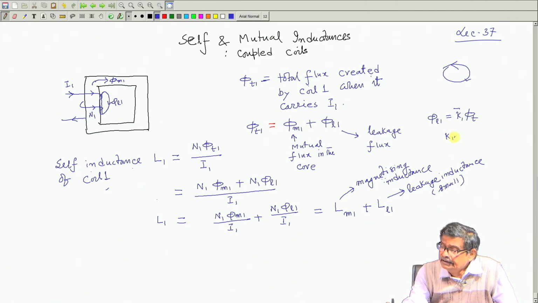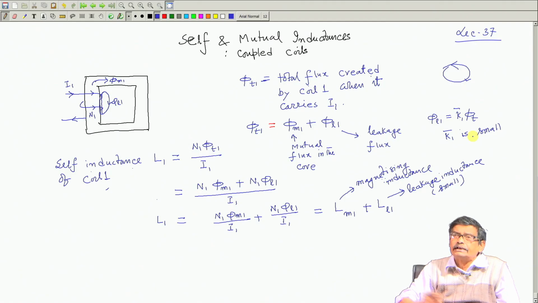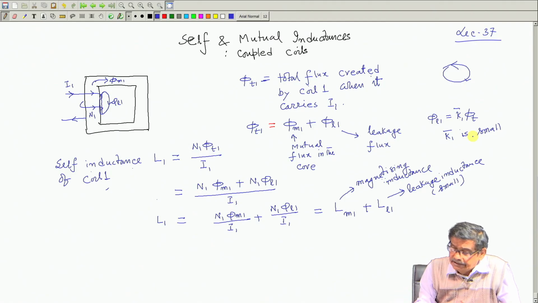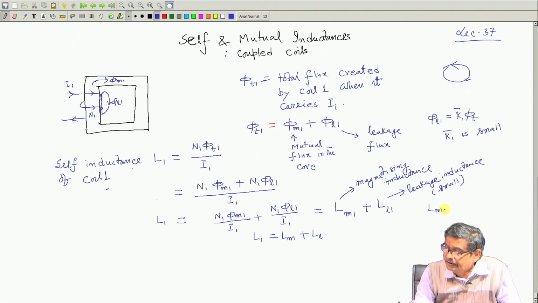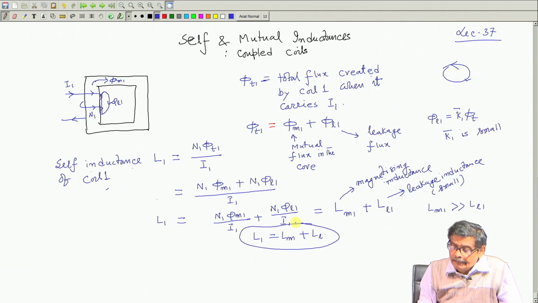K 1 is a small number, small meaning a few percent of the total flux created. So, self inductance of the coil is LM1 plus LL1, and LM1 is much larger than LL1.